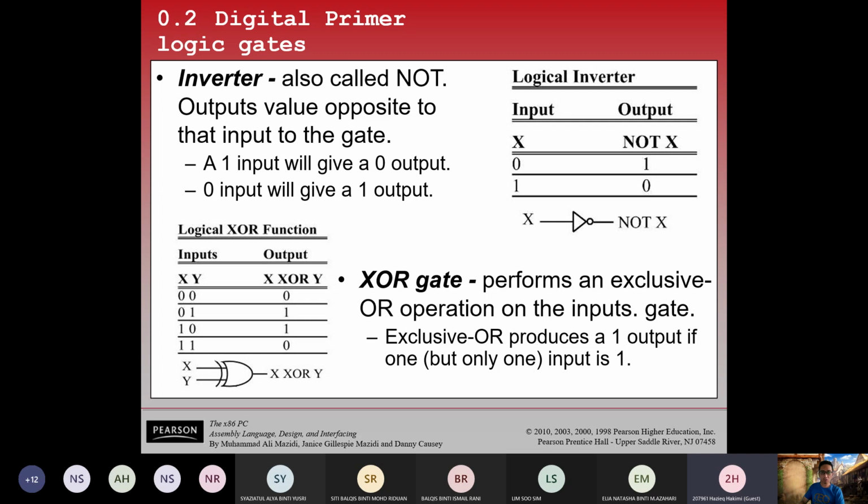But for exclusive OR, if both inputs are similar, the result is 0. So if both are 0 or both are 1, the result becomes 0.